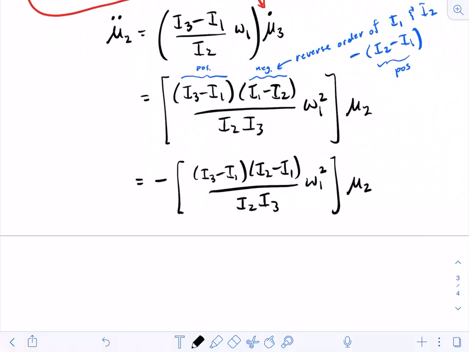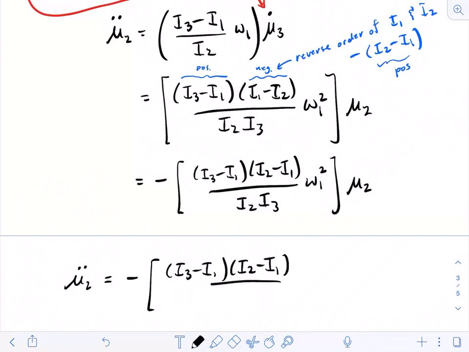I'm just going to rewrite exactly the same thing because we're going to start a new page here. I3 minus I1, I2 minus I1, over I2, I3, omega 1 squared, mu 2.